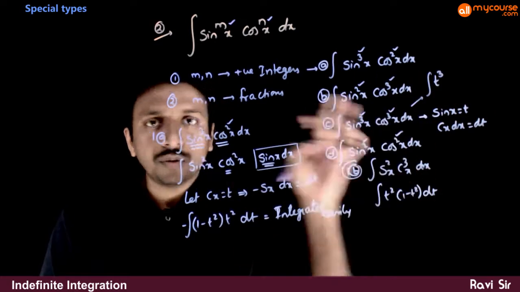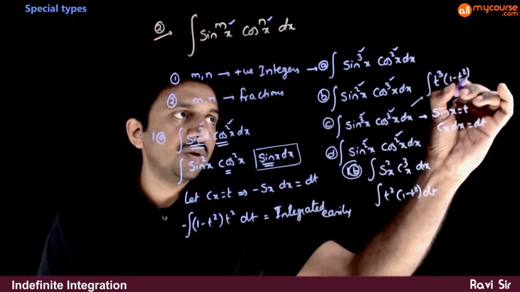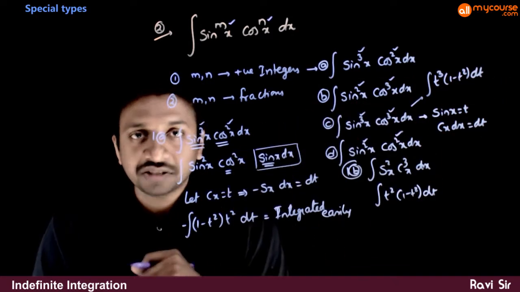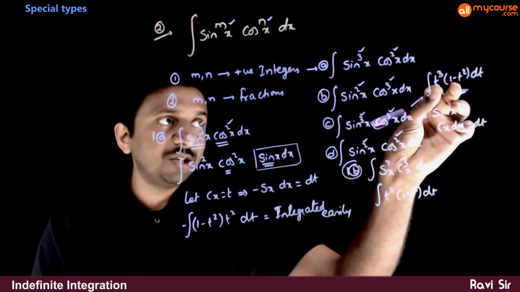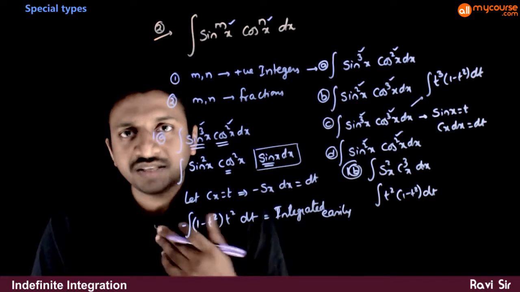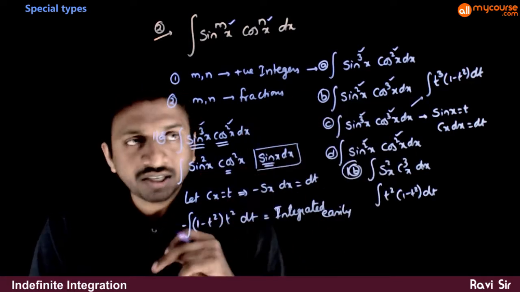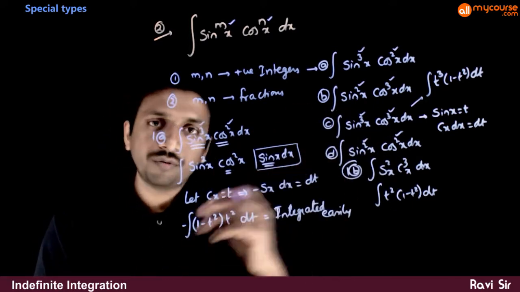If one cos goes with dx, the remaining cos square is 1 minus sin square, dt. So you get the integration. This has been converted into a polynomial. If you expand the bracket, it is t cube minus t power 5 dt. It's very easy to integrate. So in the third model, both are odd. You can take any of these ratios as t and go forward, you get the answer.